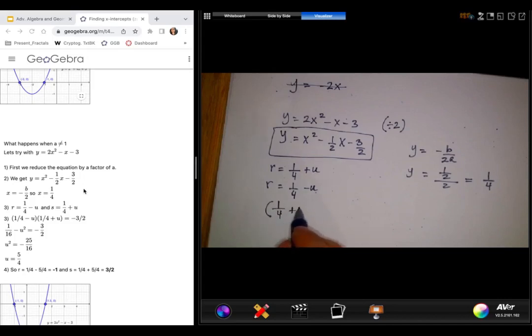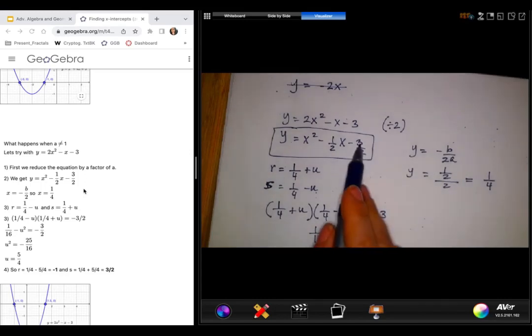We find u using the fact that the two numbers multiplied together equal c, which is negative 3 over 2. So we have 1/16 minus u squared equals negative 3 over 2.